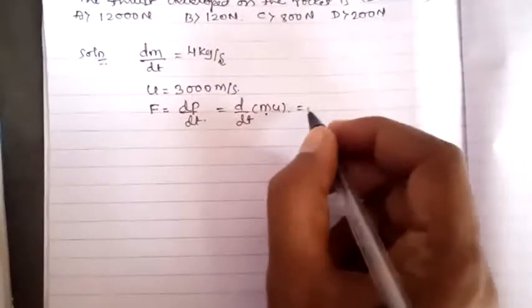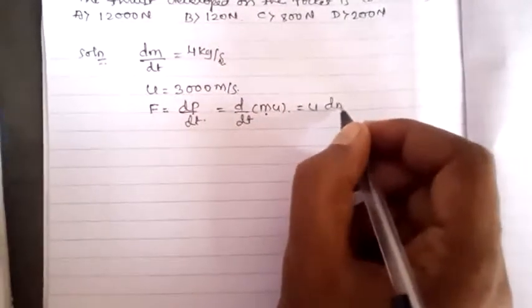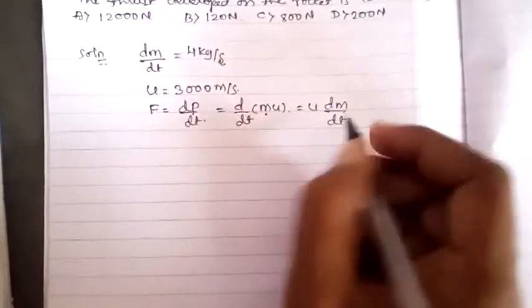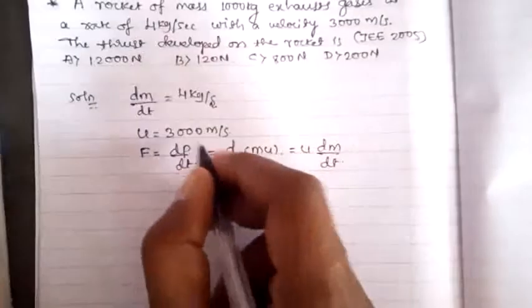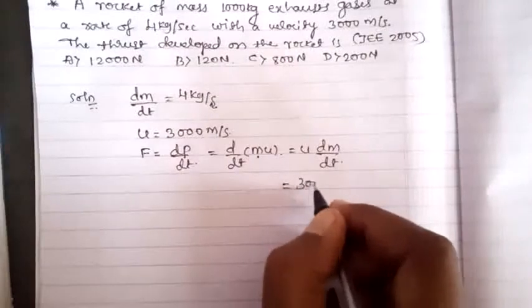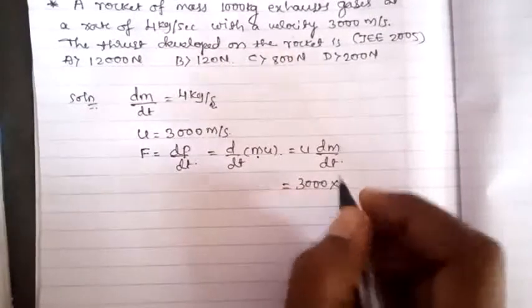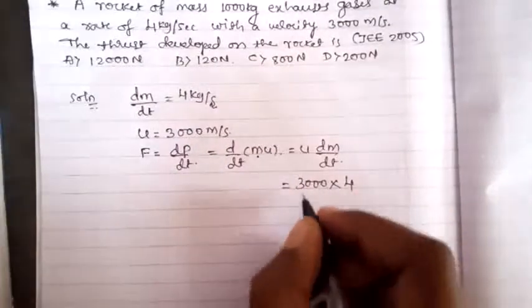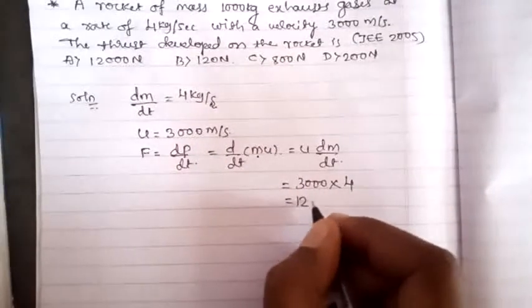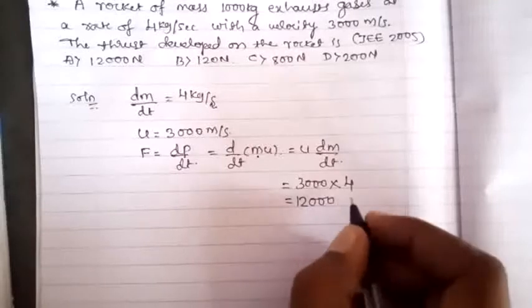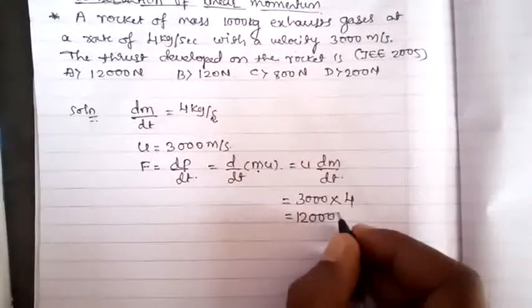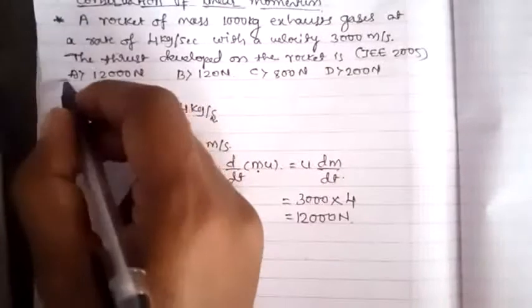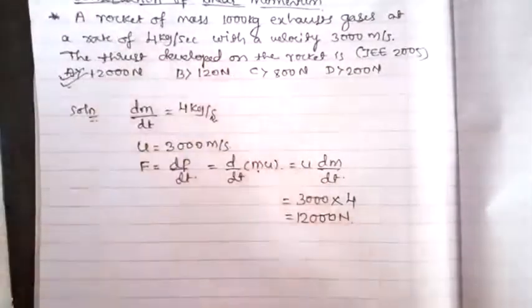Then we can write it is u into dm by dt. What is u? U is 3000. And what about dm by dt? Dm by dt is 4 kg per second. So 4 into 3 is 12, then it is 12,000 newton. Then which is the right option here? First one is the right option.